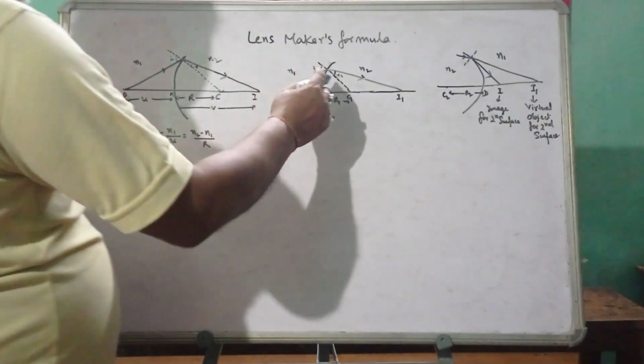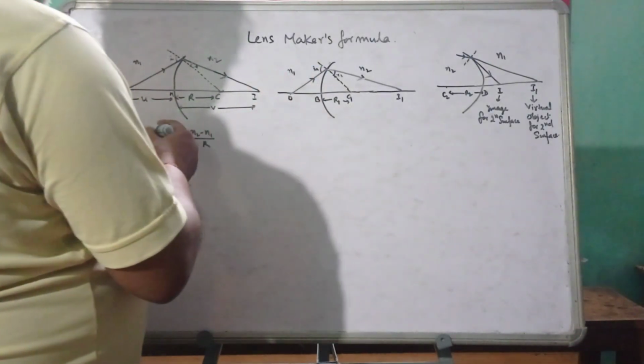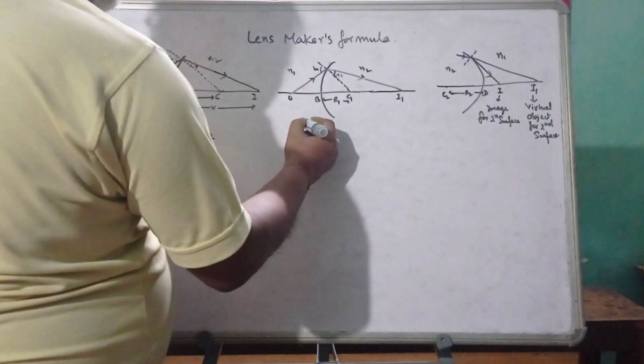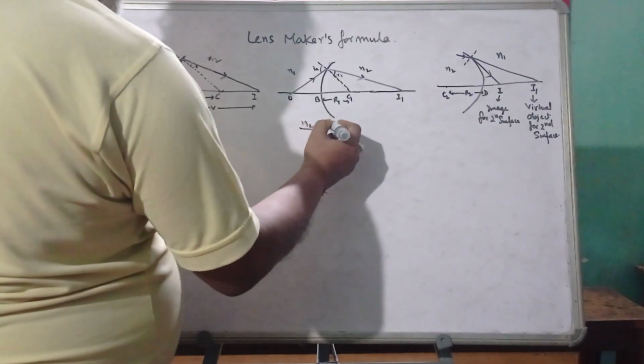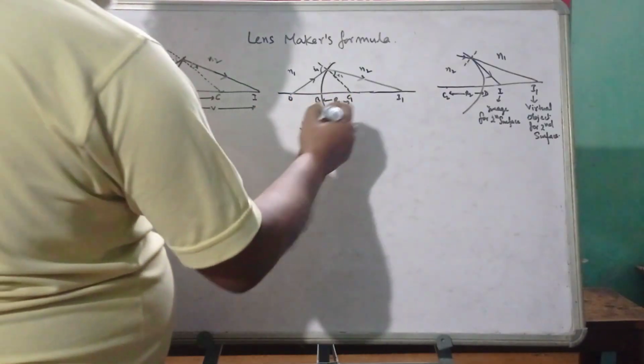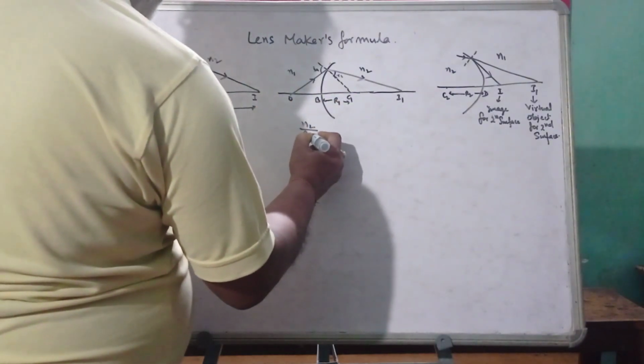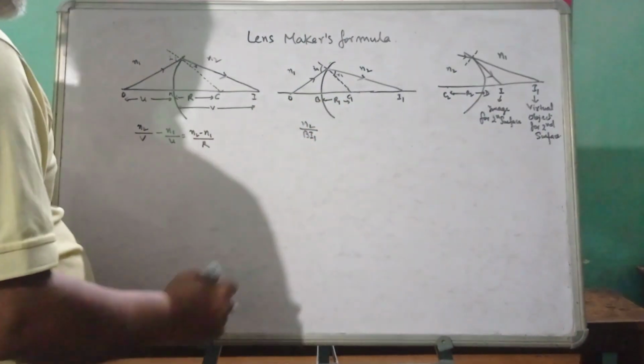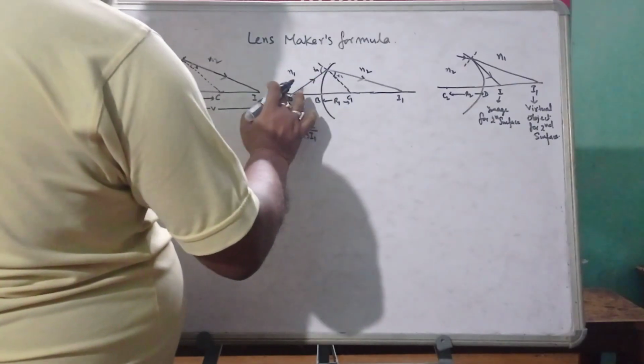So I am going to apply this here. N2 by V, this is the image distance, that is BI1, and this is on the opposite side.